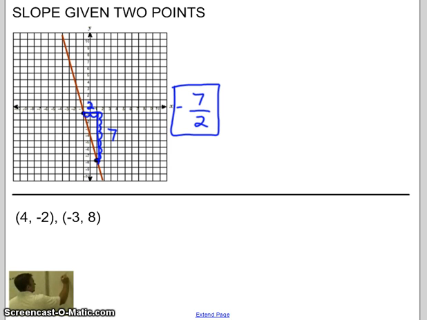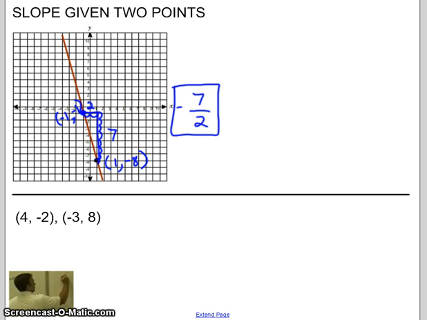Now let's say we didn't have a graph and I wanted to know the slope given 2 points. Well, I would take the 2 points, and we'll use our graph first. This point right here is negative 1, negative 1. And then this point right here is 1, negative 8.